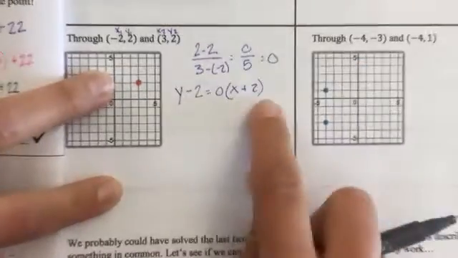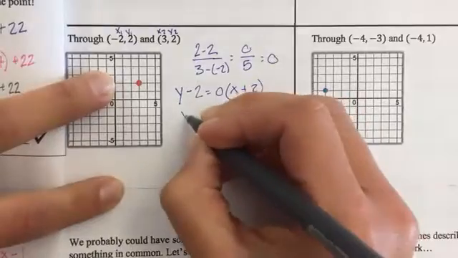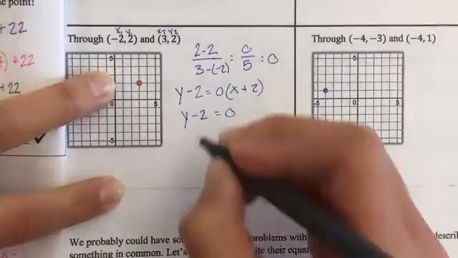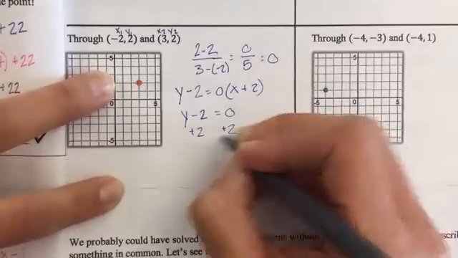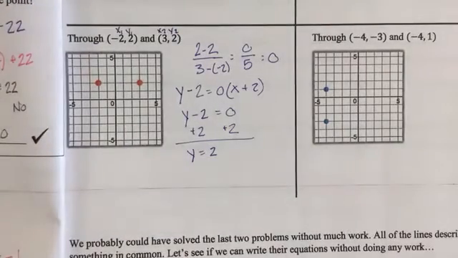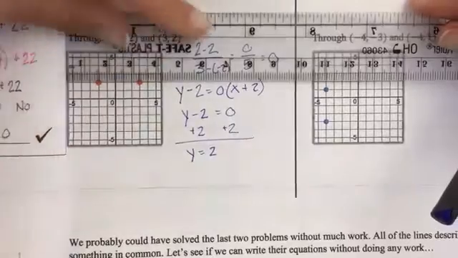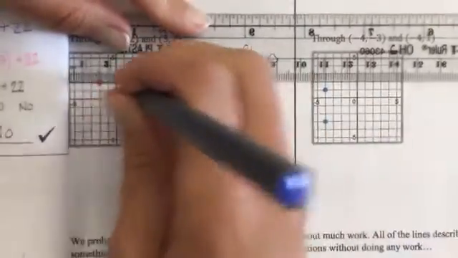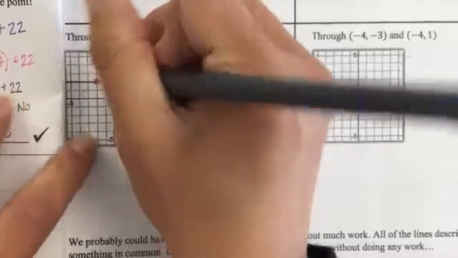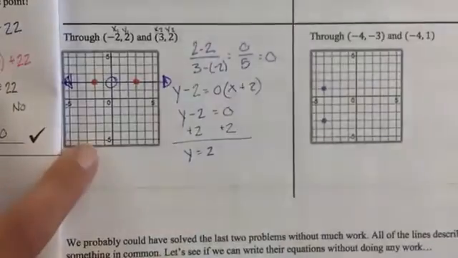This is going to 0 out, and you end up with y minus 2 equals 0. Add your 2 to the other side. Your equation is y equals 2, which if you look at your graph, if you graph y equals 2, remember it's a straight across line crossing at y equals 2.